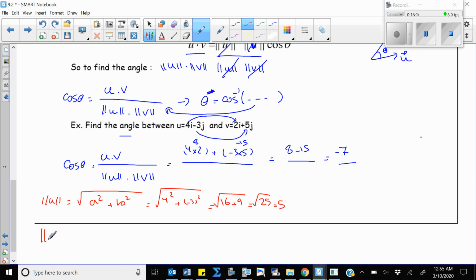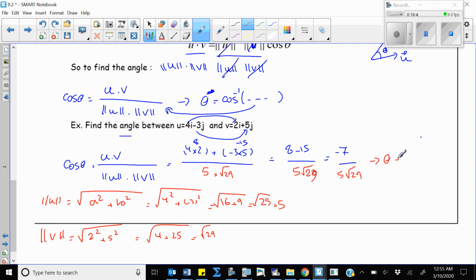And then magnitude of v will be square root of 2 squared plus 5 squared. So that will be 4 plus 25, and it's radical 29. So here we can write 5 times radical 29. So cosine of theta is equal to negative 7 over 5 times radical 29.